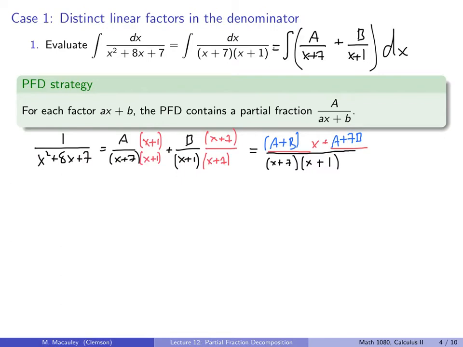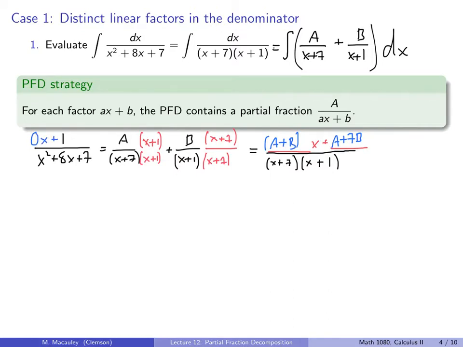And now all we have to do is this fraction has to equal that fraction. Their denominators are the same, so the numerators have to be the same. This is just a linear function, a degree 1 polynomial, and so is this. Well, let me write this as 0x plus 1.